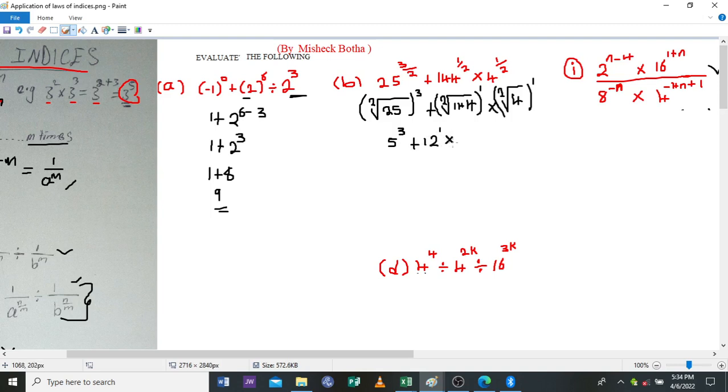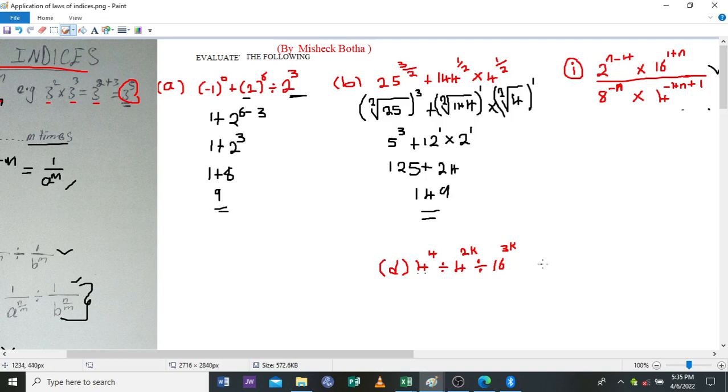Now this multiplied by 2 to the power 1. Now this will give us 125, right, plus this will give us 24. Now if we add this up, we are going to get 149. So we have evaluated this one, right?